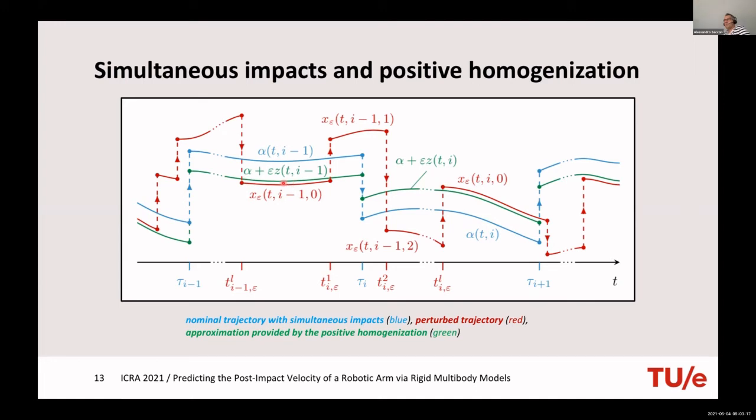This means that if I know the initial condition, I can predict what is going to happen in the perturbed situation, even if I don't know exactly all the little intermediate impacts. And so I can do optimization, for example, if I'm interested in the whole trajectory, by using this tool. That's more or less the message.